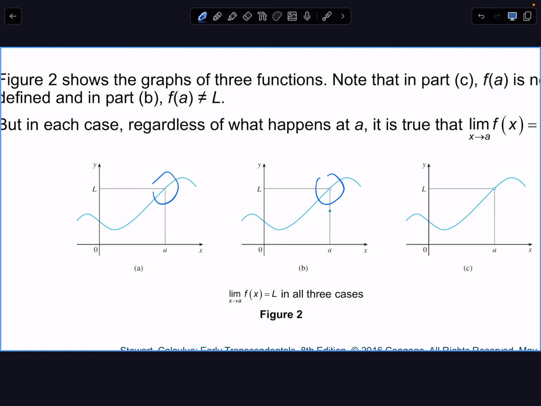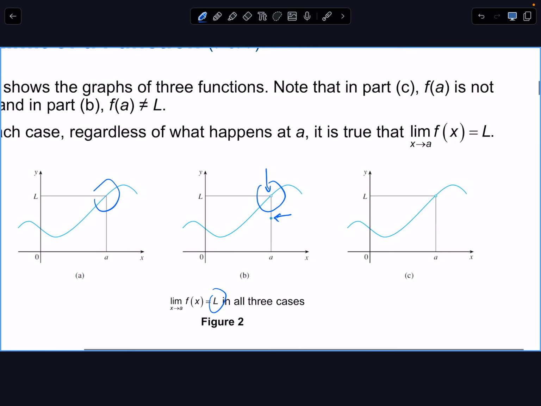So there's no value at L. In fact, the value as x equals a, there is a value. It's defined elsewhere, it has a different y value. But does it still have a limit? And the answer is yes, it does. The limit is still here at L, even if there's a hole there.